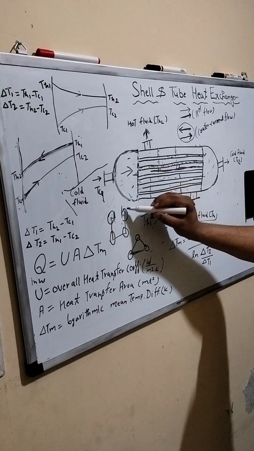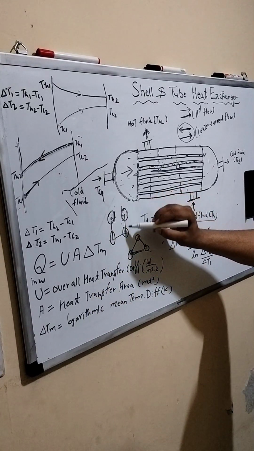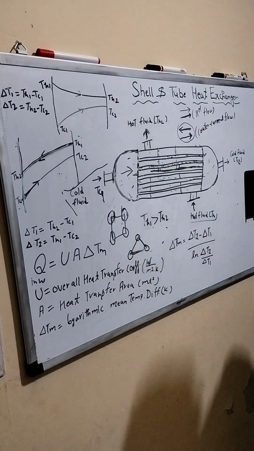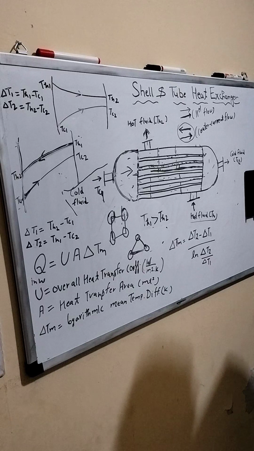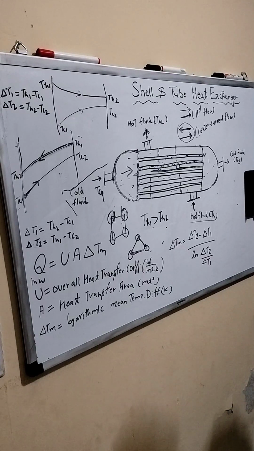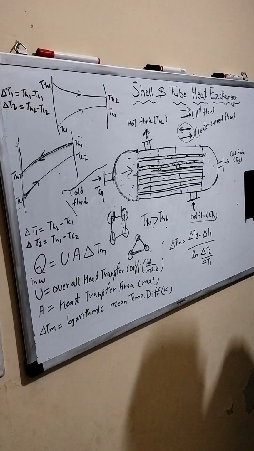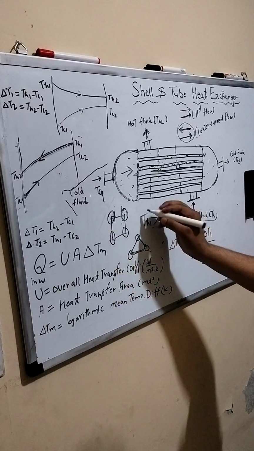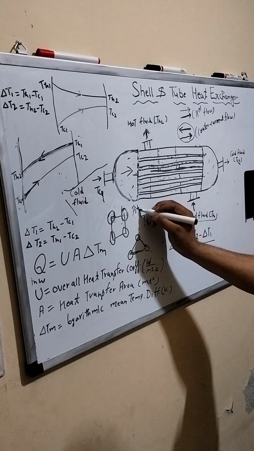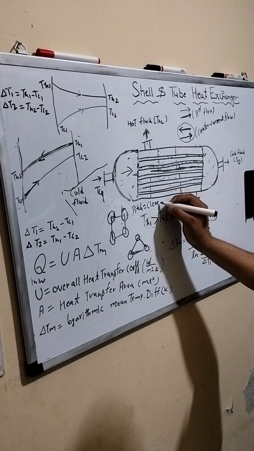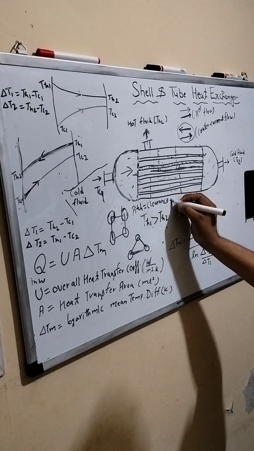Generally in interviews they ask: what is pitch, what is clearance, and what is the relation between pitch and clearance? So pitch is equal to clearance plus diameter.